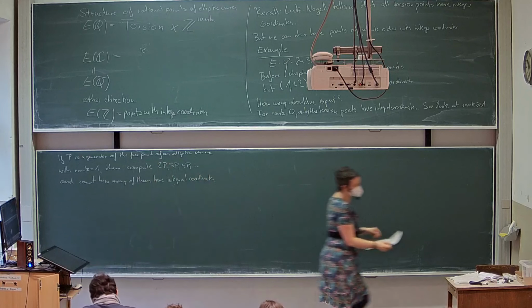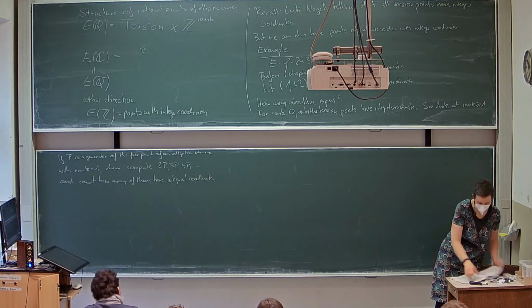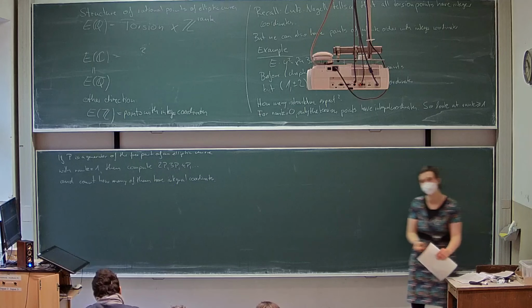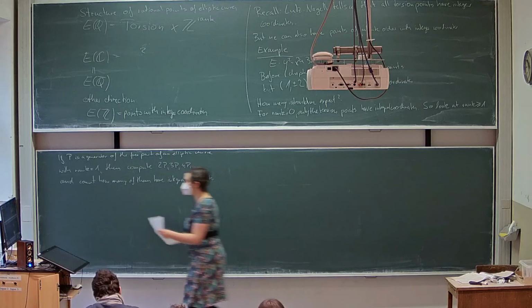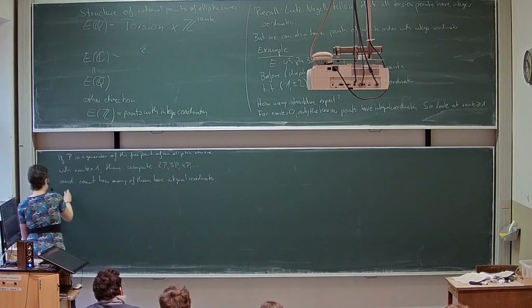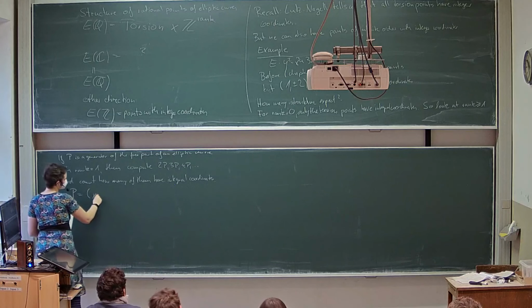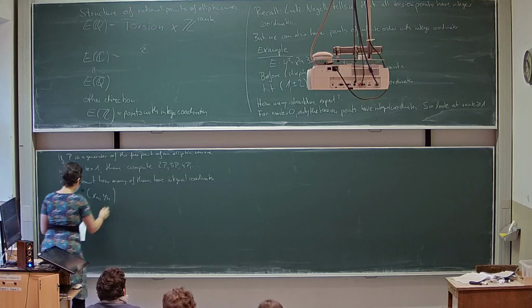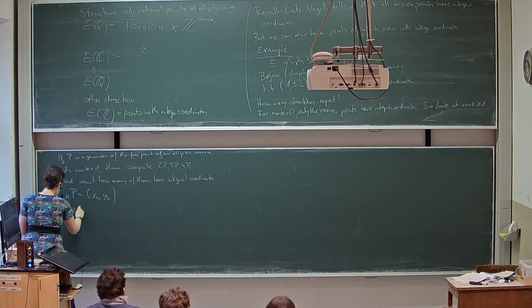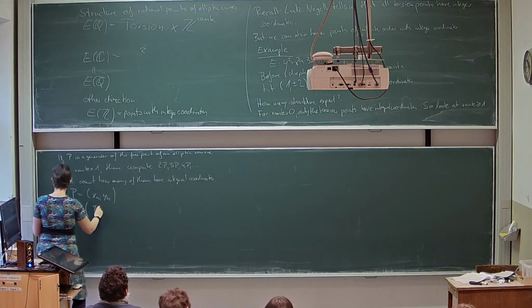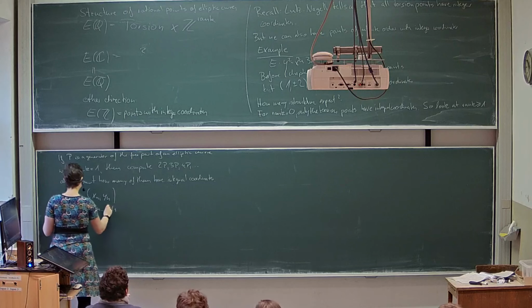So if we look at the addition formula, we can get a feeling of how probable this is. If we call the coordinates xn and yn, then xn is this.